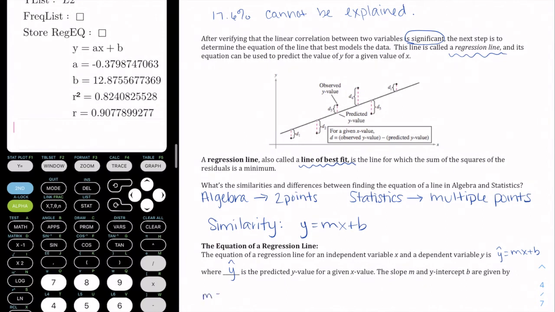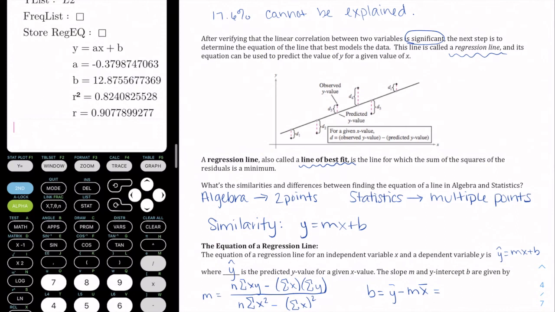So m equals a quotient. In the numerator we have n times the summation of xy minus the summation of x times the summation of y. And our denominator, n times the summation of x squared minus the summation of x, quantity squared. And then b, or the y-intercept, is given by y bar minus m times x bar.